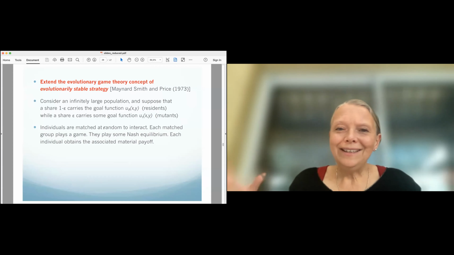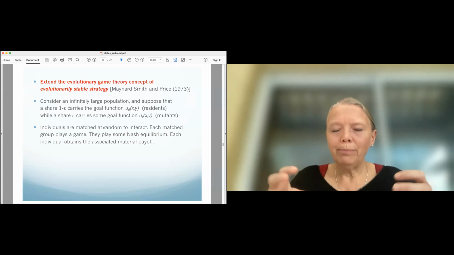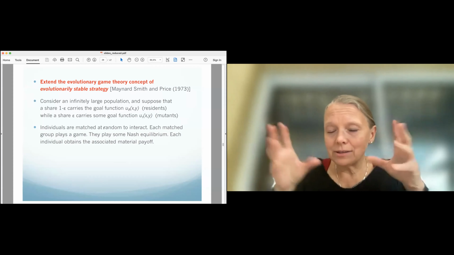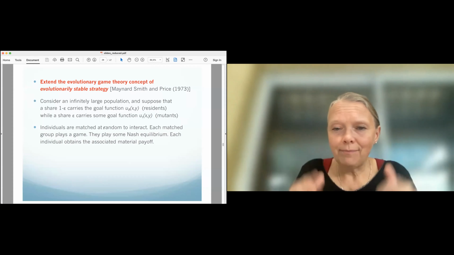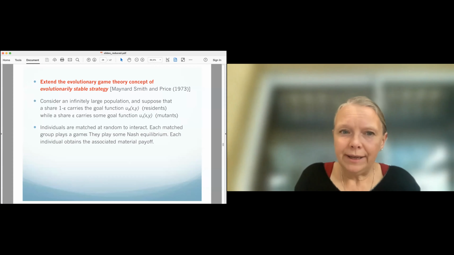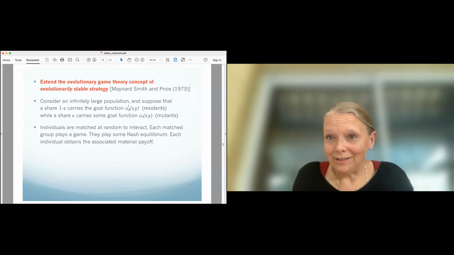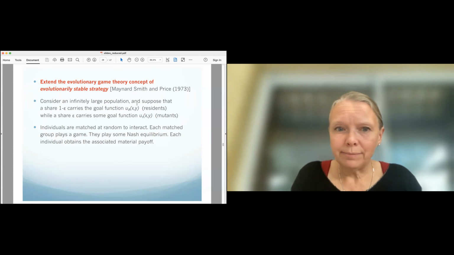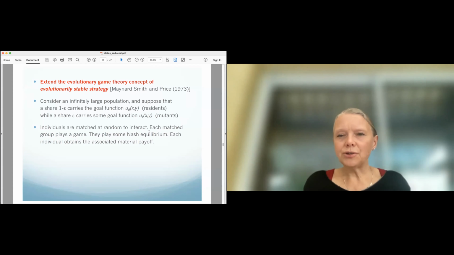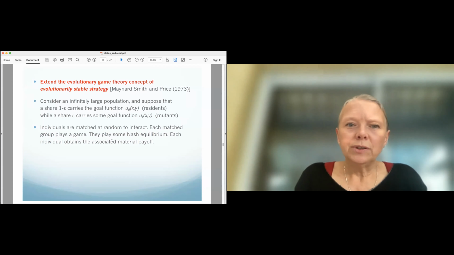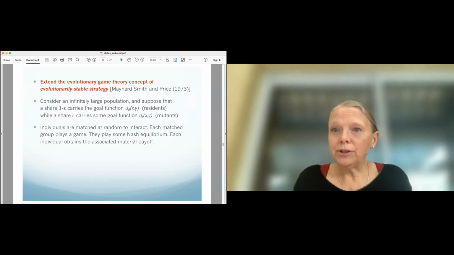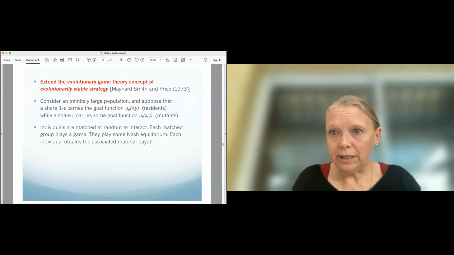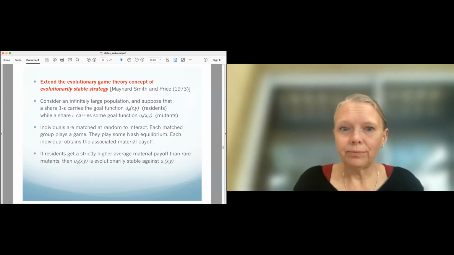And so in this population, individuals are matched to interact in these 2-player interactions. They have their utility functions, and so each individual in the match seeks to maximize own utility. And so they play some Nash equilibrium, and each individual obtains the equilibrium material payoff that comes out of the equilibrium strategies used.